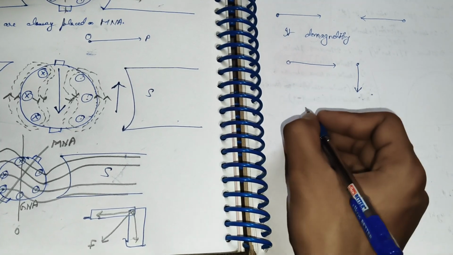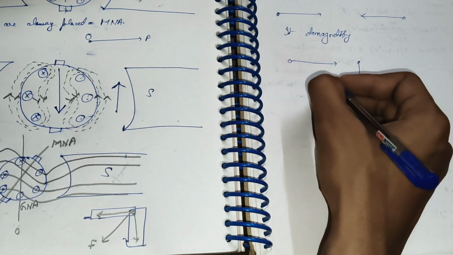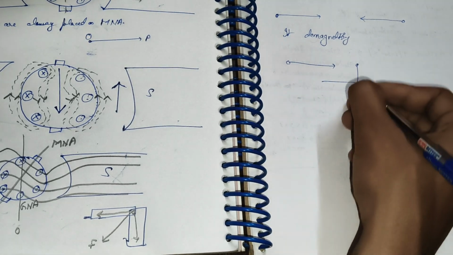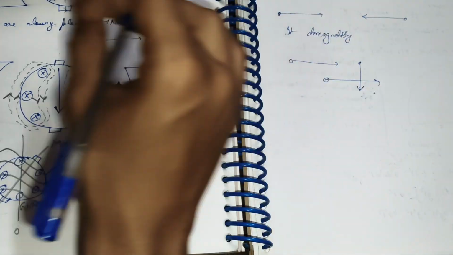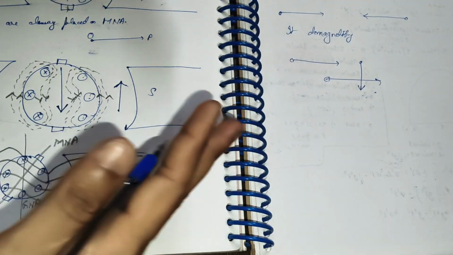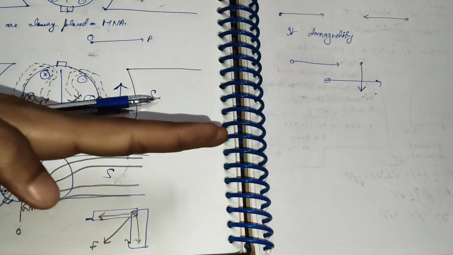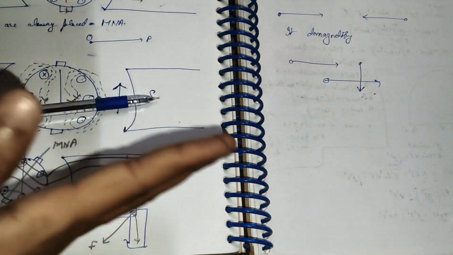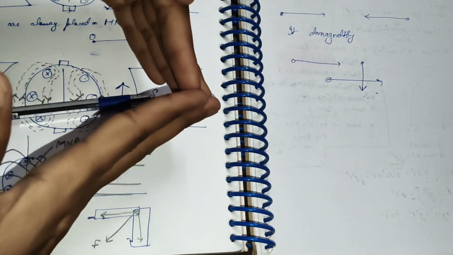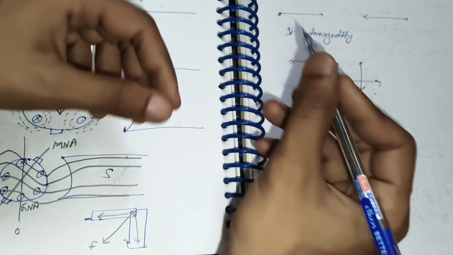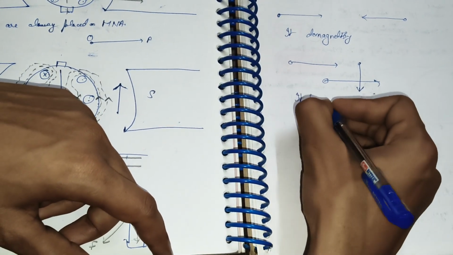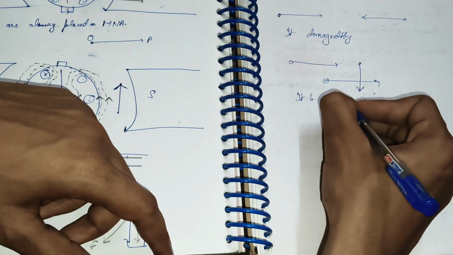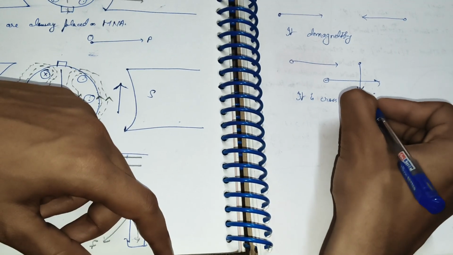This produces sparking due to cross magnetizing. Though the two magnetic fields intersect each other, one coming from this side, one coming from this side, they collapse and sparking is produced at the brushes. It is cross magnetizing.